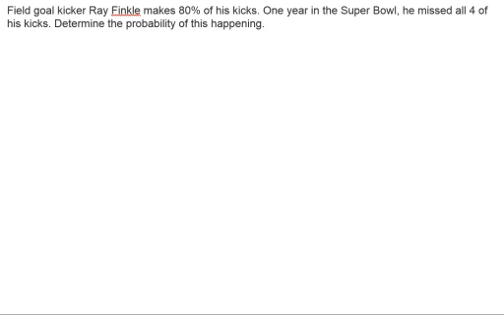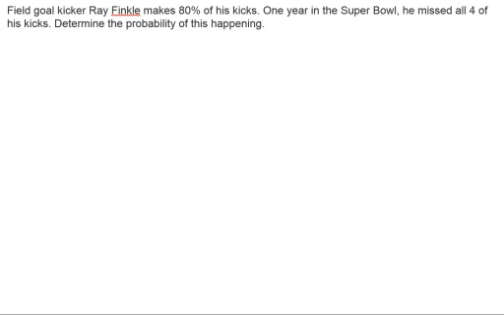We're going to approach it as a modeling problem. We're going to model this situation using the binomial random variable.